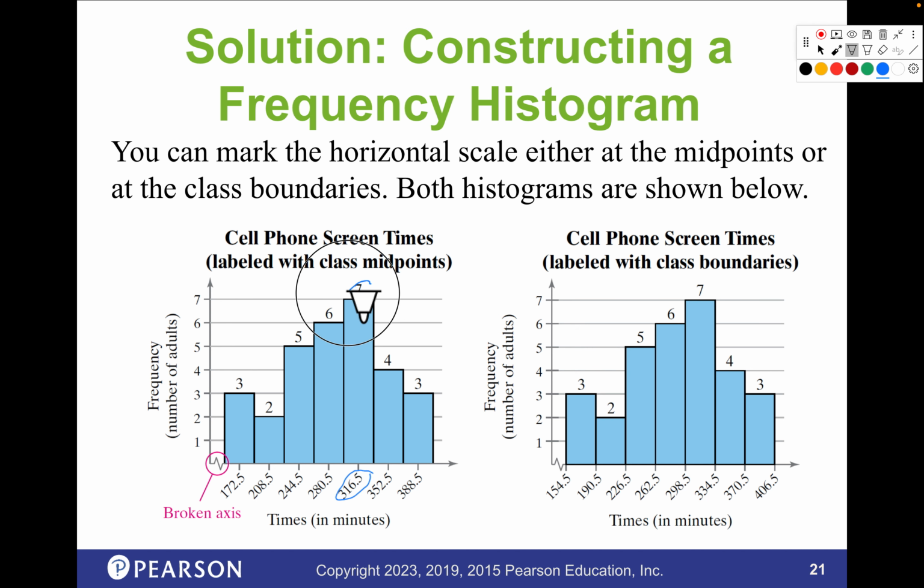There was a frequency of 7. We're not starting at 0, so they put this little broken axis. We're not really going to have to worry about that. You can label them with the boundaries, and we'll do both of those in Google Sheets.